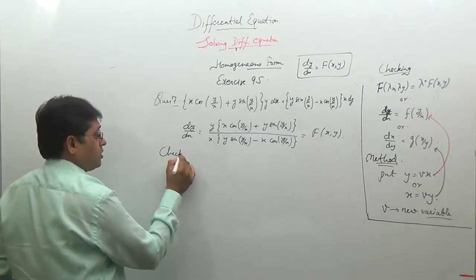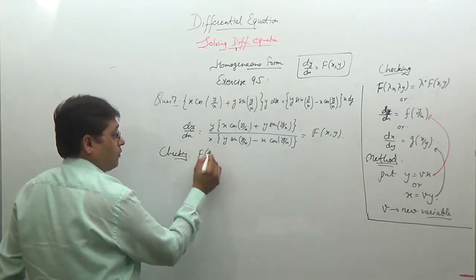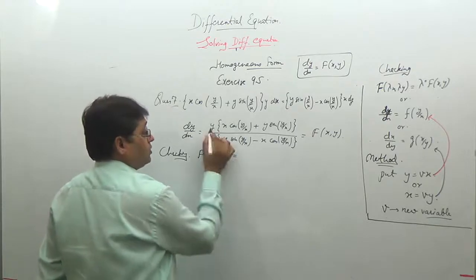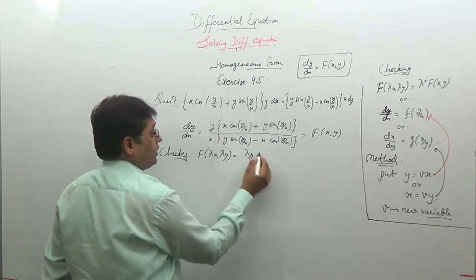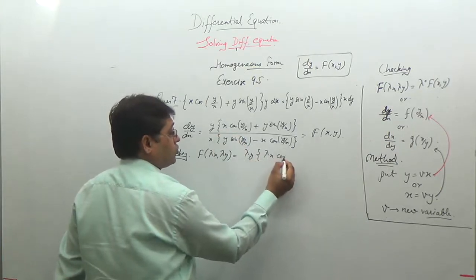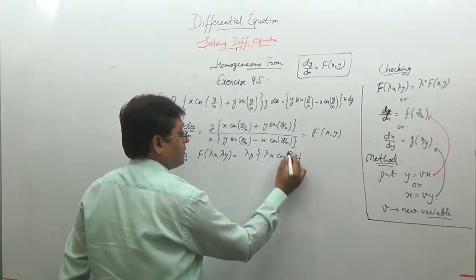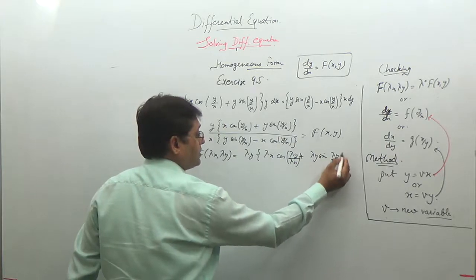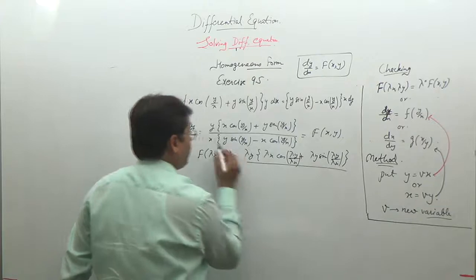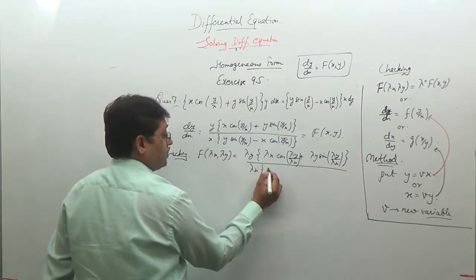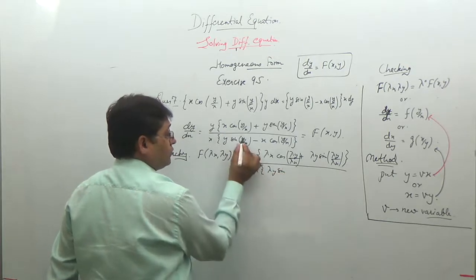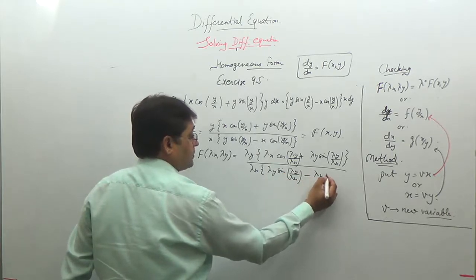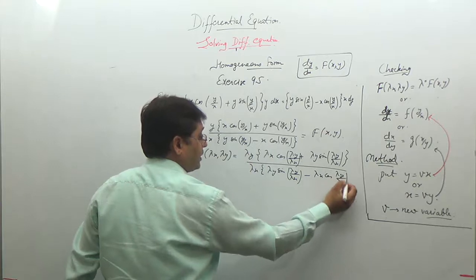Again checking, f of lambda x, lambda y is equal to, substitute lambda y in place of y and lambda x in place of x: cos of lambda y upon lambda x plus lambda y into sine of lambda y upon lambda x, whole divided by this lambda x, then lambda y into sine of lambda y upon lambda x minus lambda x cos of lambda y upon lambda x.